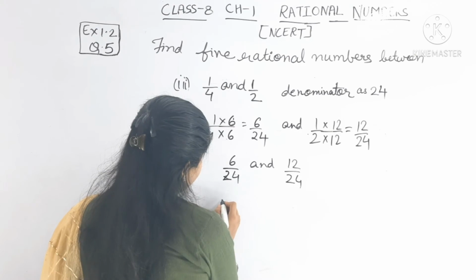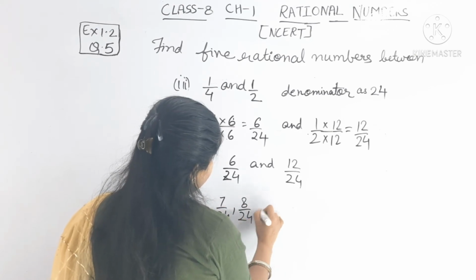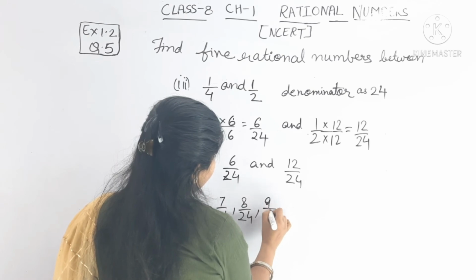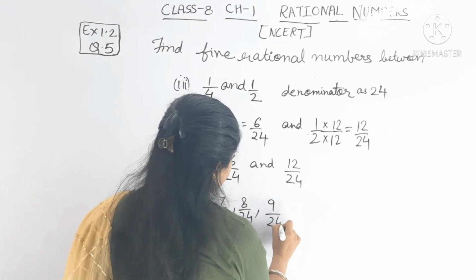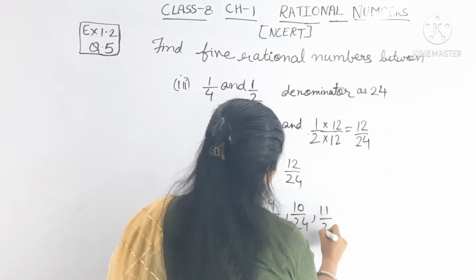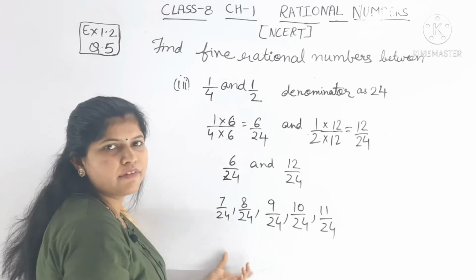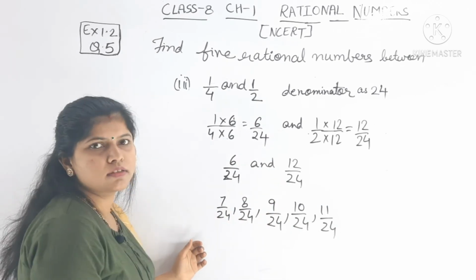So you can write 7 by 24, 8 by 24, 9 by 24, 10 by 24 and 11 by 24. These are the exact 5 rational numbers between them. Okay, so this is the answer of part 3.